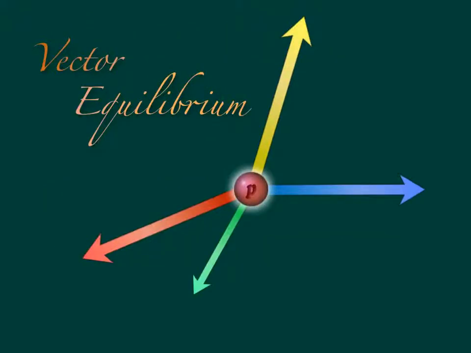So let's return now to our vector equilibrium problem. If the forces on this particle are in equilibrium, then we should be able to add them all together. And something special happens when you do that. So I'll just move the particle out of the way.